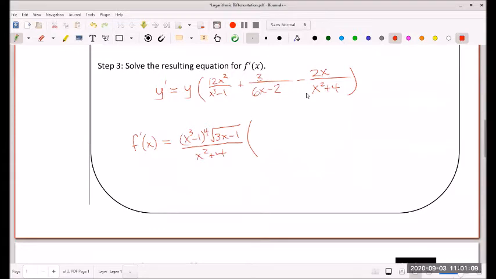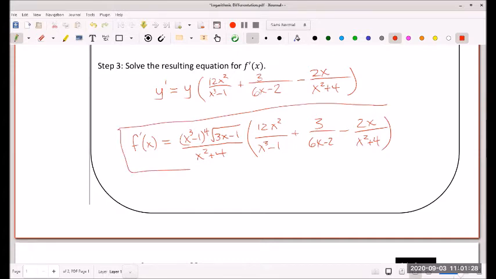And then we'll multiply that by the rest of this, 12x squared over x cubed minus 1 plus 3 over 6x minus 2 minus 2x over x squared plus 4. And that's good enough. We don't need to simplify it any more than that. And that's our final answer.